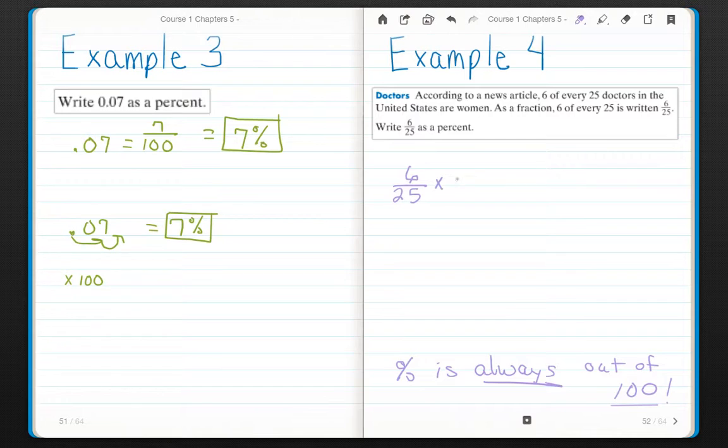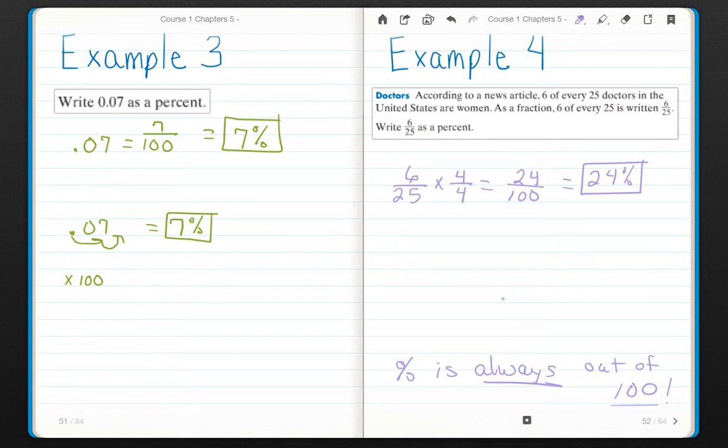So I'm going to multiply the numerator and the denominator by 4 to get 24/100. Now that my denominator is out of 100, now I can change it to a percent. And my answer is 24%. So 24% of doctors are women.